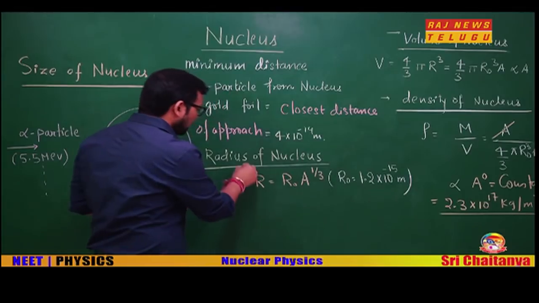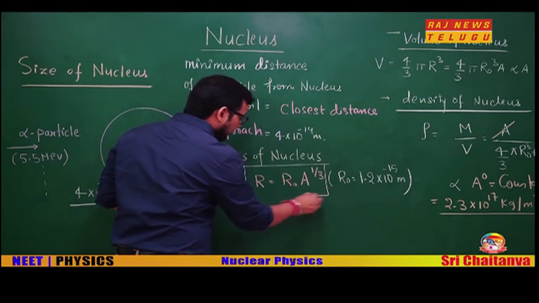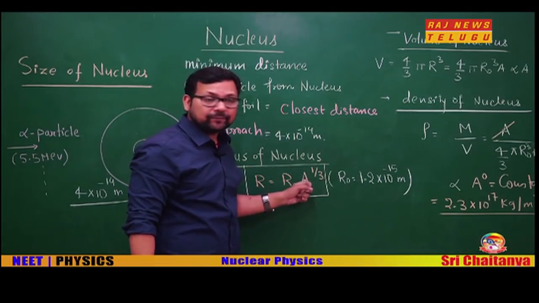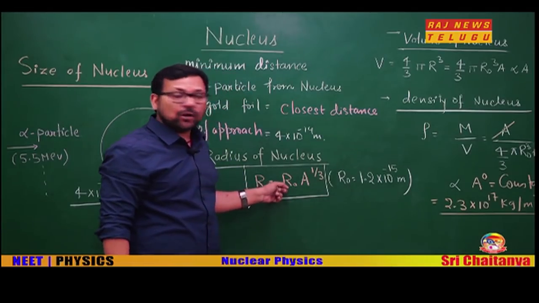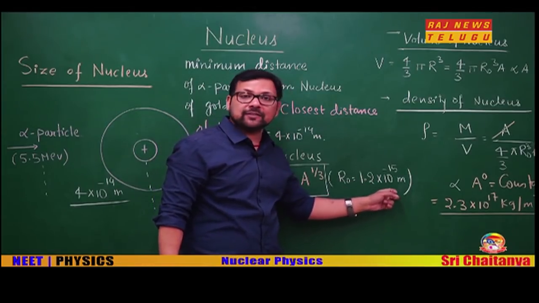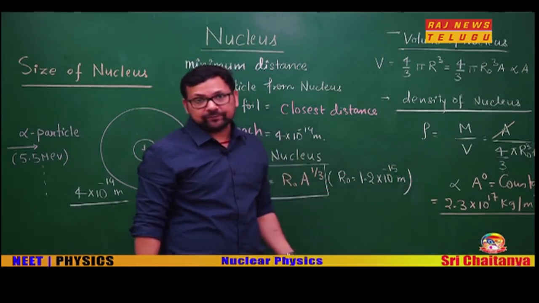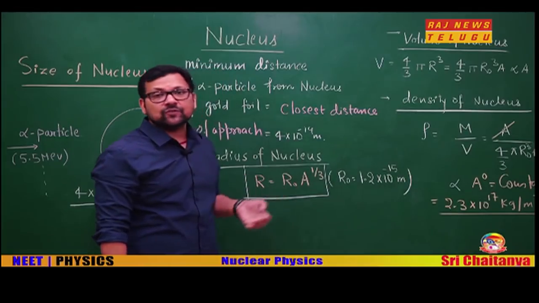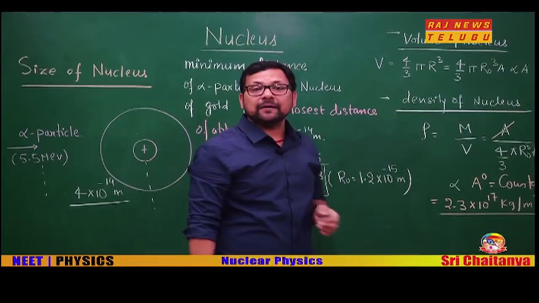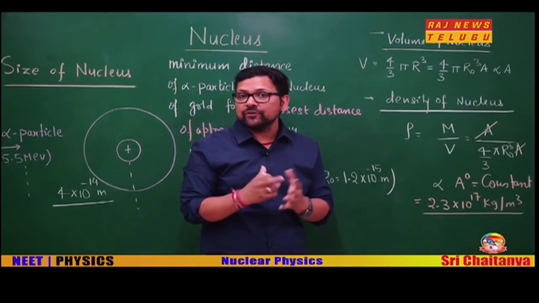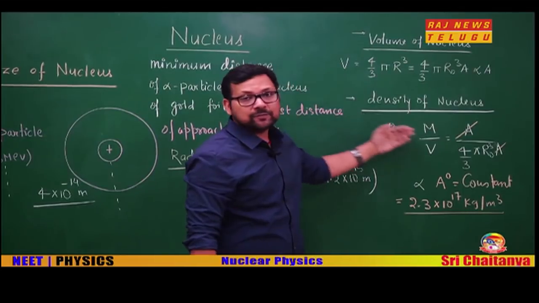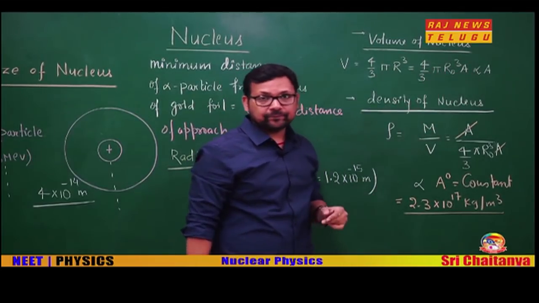This is the formula for calculating nuclear radius, which clearly depends upon A. R naught being a constant, 1.2 Fermi meter, 1.2 into 10 raised to power minus 15 meter. Now, using this formula, we will calculate the volume 4 by 3 pi r cube considering the spherical shape of the nucleus. You can clearly see that this volume is proportional to A.